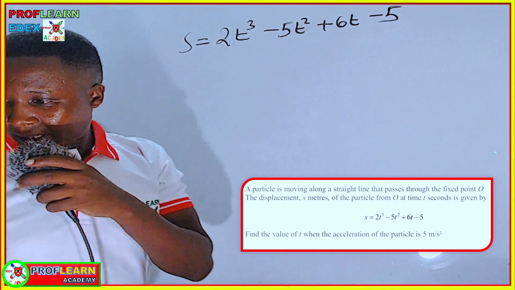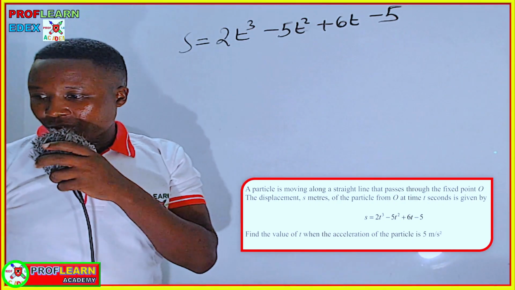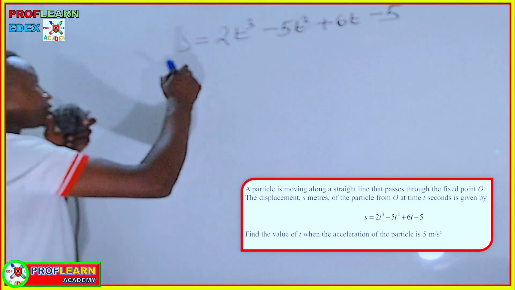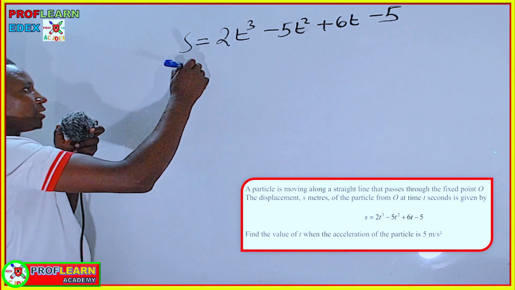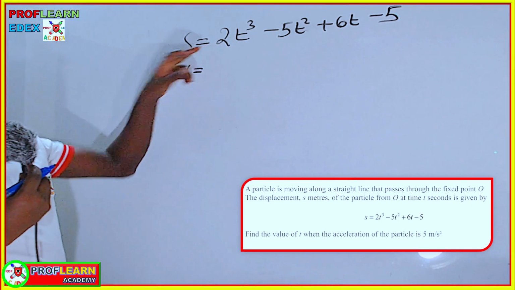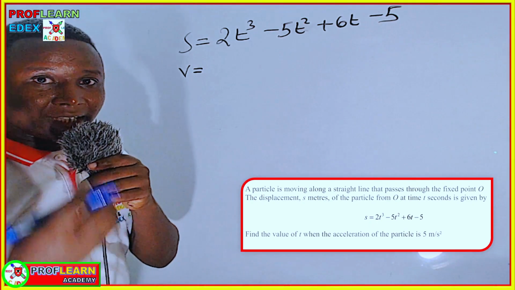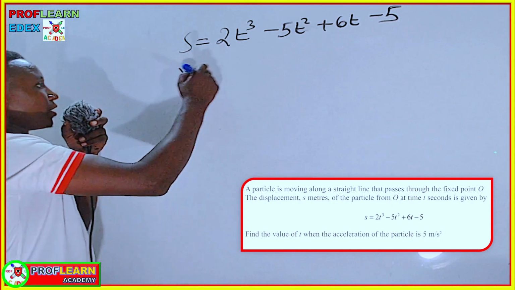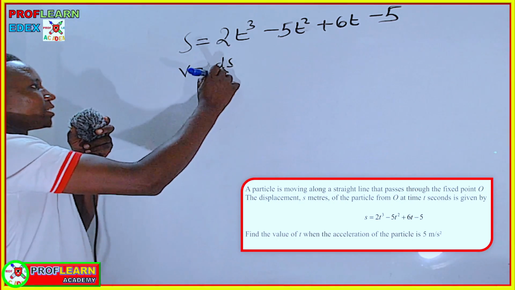Find the value of t when the acceleration of the particle is 5 meters per second squared. Something you need to understand is that velocity comes from displacement. If we differentiate a displacement equation, we get velocity, so v is ds/dt.